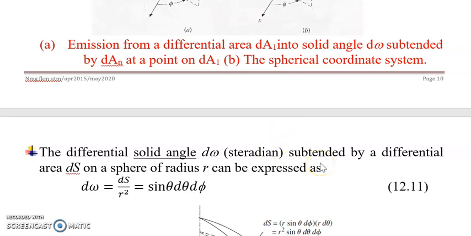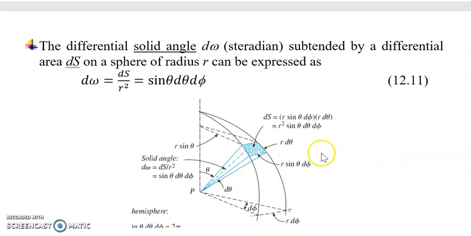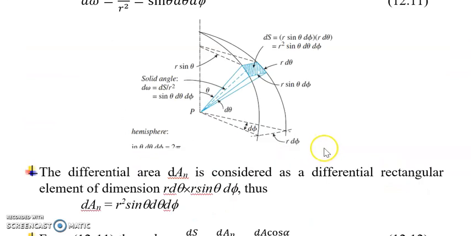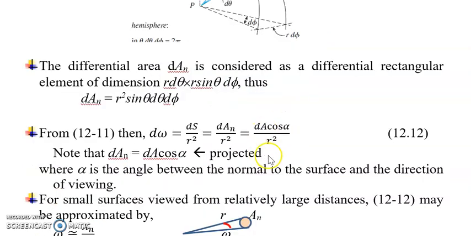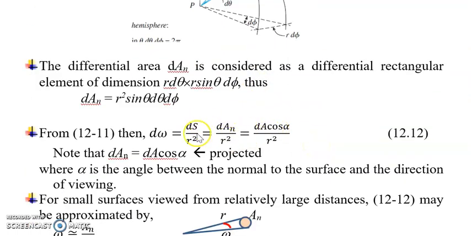Subtended by a differential area dS on a sphere of radius r can be expressed as 12.11. So this is dS on the sphere. The differential area dAn is considered as a differential rectangular element of dimension r d theta, r sin theta d phi. From 12.11, you then have d omega equals dS over r squared, given by 12.12.